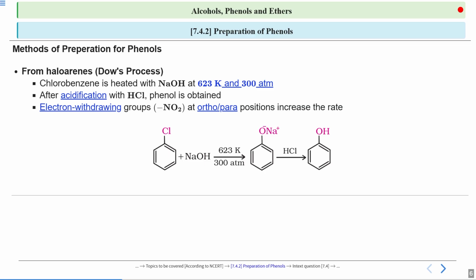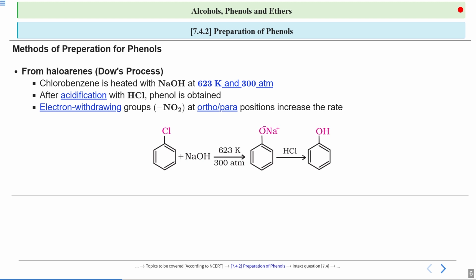And then when you do the acidification of this intermediate with HCl, hydrochloric acid, the Na positive will be removed and make a side product with Cl negative, and the H positive will be attached to the O negative of the phenoxide, and you will get phenol as a final product.